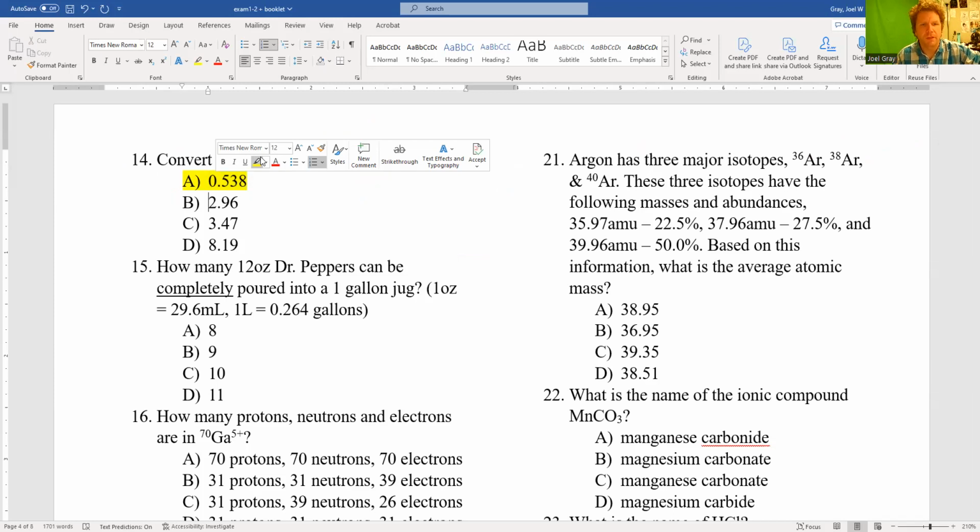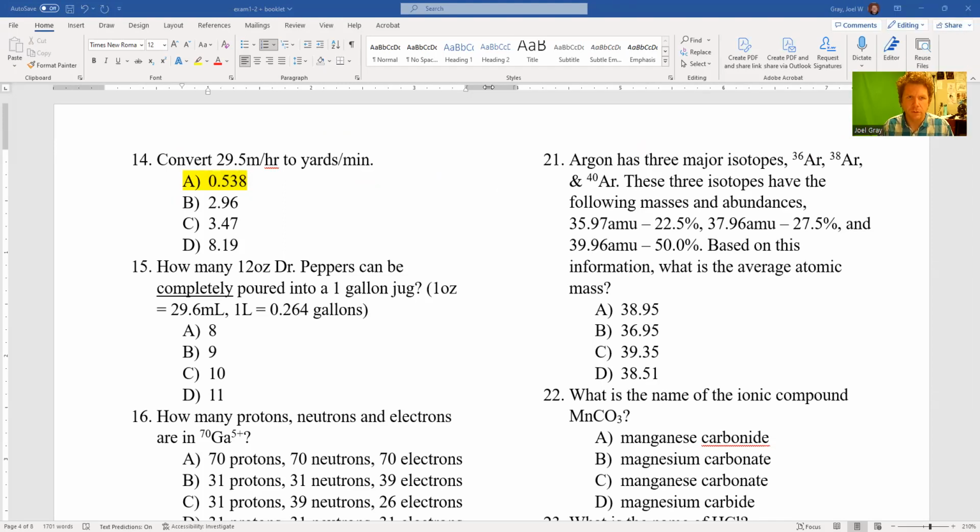Okay, question number 15. How many 12-ounce Dr. Peppers can be completely poured into a 1-gallon jug? Okay, so I'm going to go back to my whiteboard. I've got 1 12-ounce Dr. Pepper. And basically what I want to know is how many of these will fit in 1 gallon?